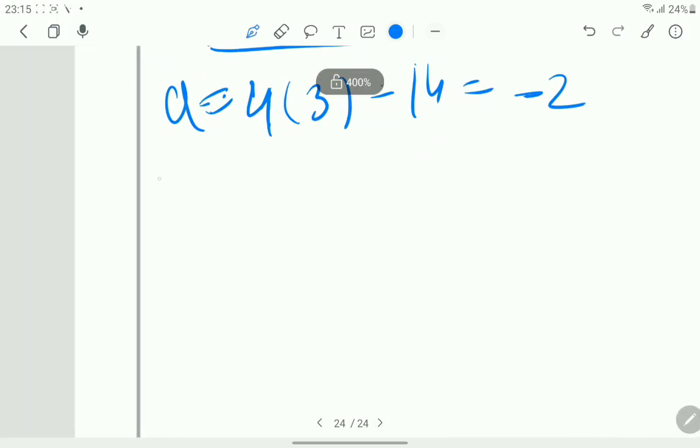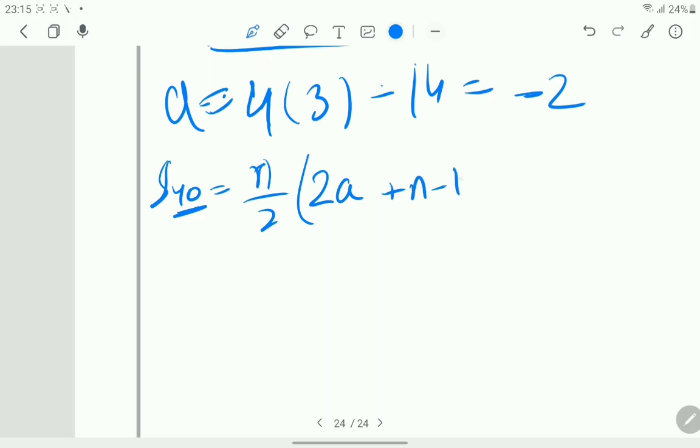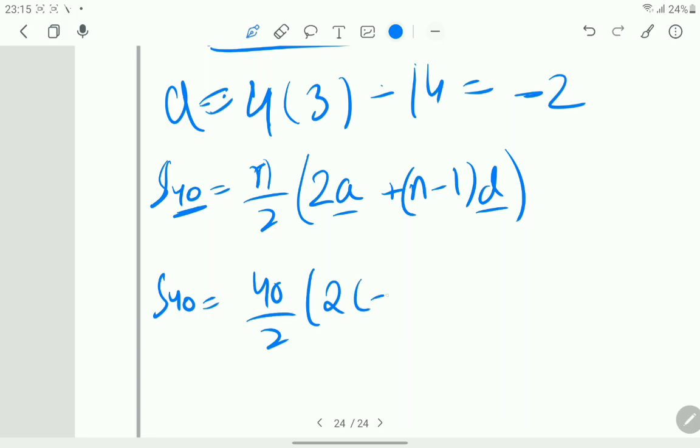And so the formula for the sum in an arithmetic progression is n over 2, where n is the term we need to find the sum for, so n will be 40 in this case, times 2a plus n minus 1 bracket d. This is the formula, and we now have d, a, and n is 40, so let's just solve. 40 over 2, 2 times minus 2 plus 39 times 7.